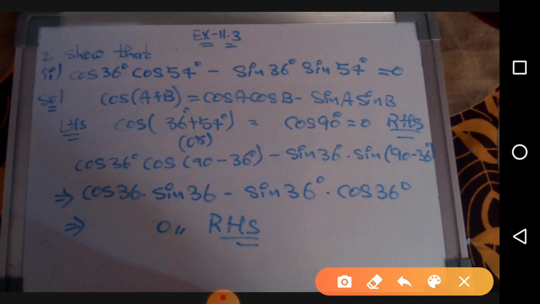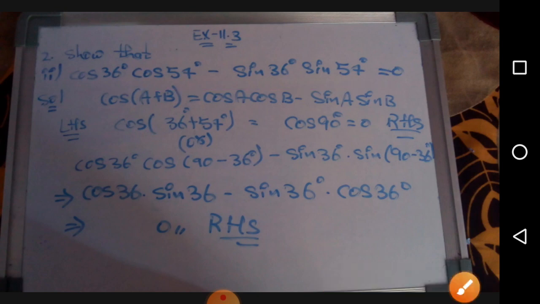Cos 36 degree cos 54 degree minus sin 36 sin 54 equals 0. So we have to prove that in this particular equation, LHS equals RHS.